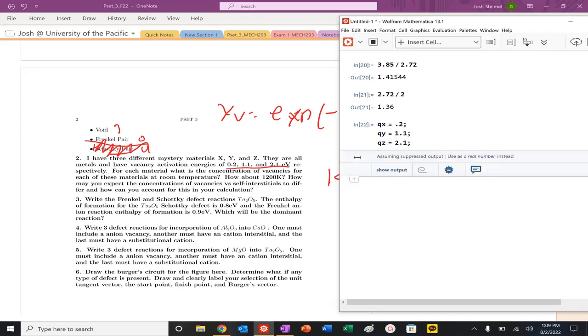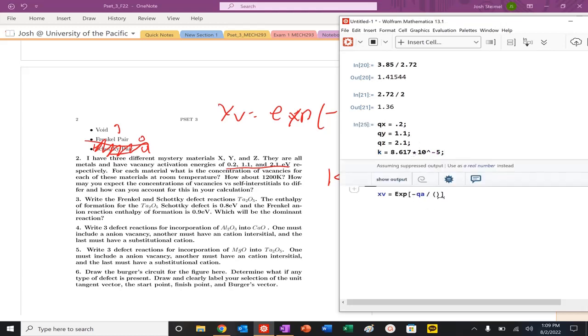My equation is XV equal to the exponential of minus QA divided by k times T. Let's define k as 8.617 times 10 to the minus 5, because I want to work in eV. Then we'll do temperature as well. I'm going to replace QA with QX, and T goes to room temperature, 298.